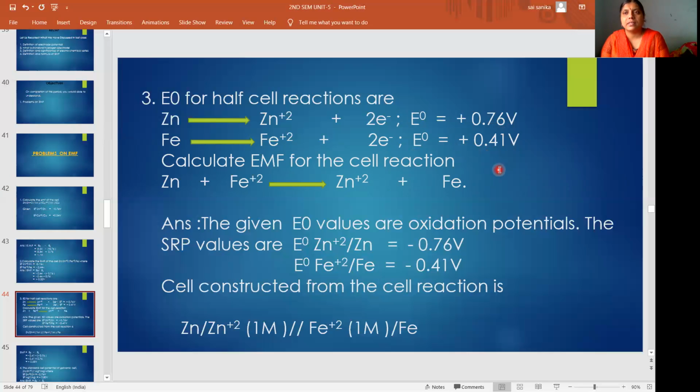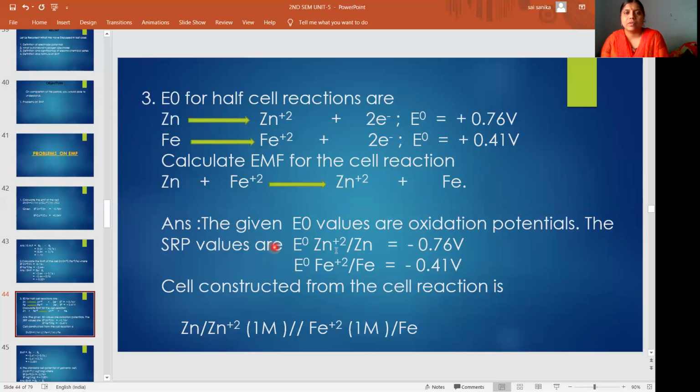While calculating the EMF of the cell, we will take reduction potentials only. So you have to convert these oxidation potentials into reduction potentials. To convert, you just have to change the sign. Oxidation potential and reduction potential values are the same, just the signs are different. It means reduction potential is equal to minus oxidation potential.